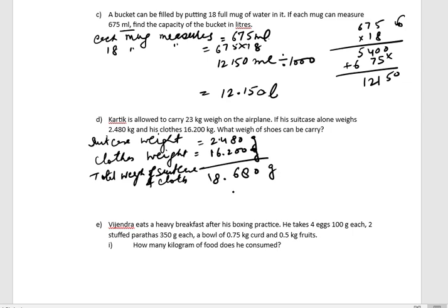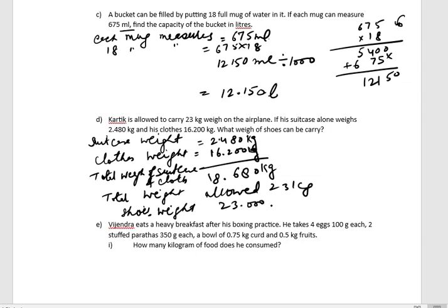Now the total weight allowed is 23 kg. This is in kg only, not in gram. So what is left over, or you can say the weight of shoes? Shoes weight will be 23.000 minus 18.680.